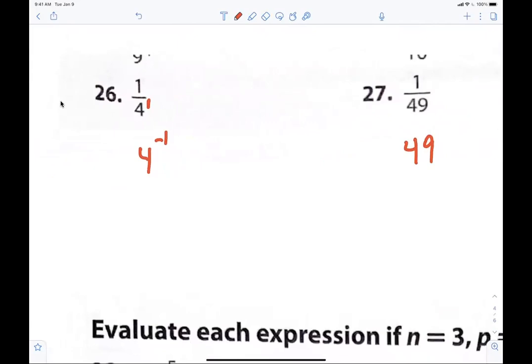So we'll look at number 26 and look at the answer to 26. 1/4 is the same as 4 to the negative 1. You with me? Because why? To move it up here, you just change the sign to negative 1. If there's no exponent, what exponent number is it? 1.